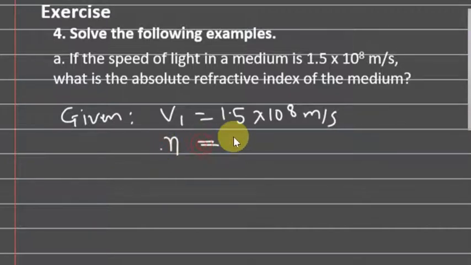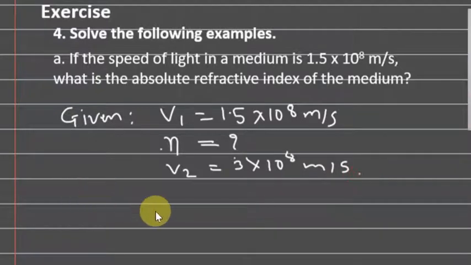Now whenever we talk about absolute, the second medium is vacuum. So write down the velocity of light in vacuum. This is a standard value, that is 3 into 10 raised to power 8 meter per second. Now what is the formula? Write down the formula.